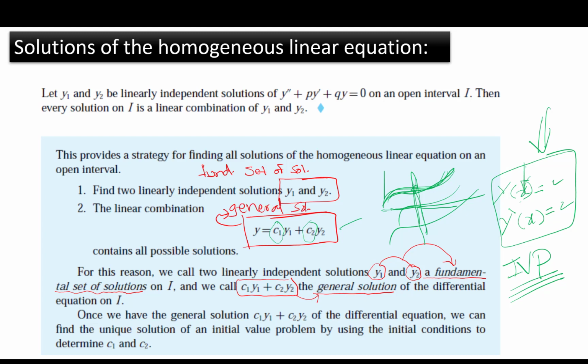And then if C1 and C2 are known to us using the initial value problem, we obtain another type of solution. We call it the particular solution, a unique solution which defines C1 and C2 for us.